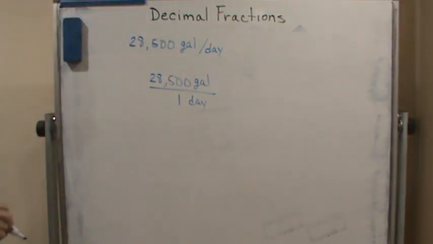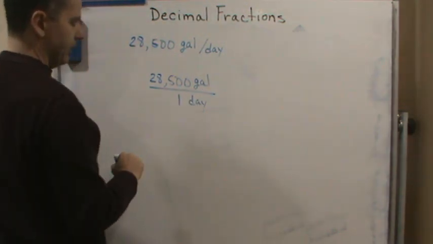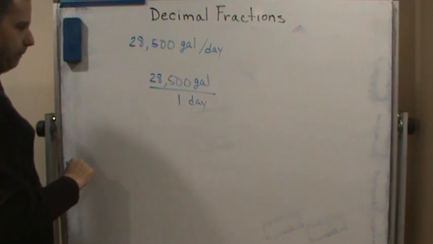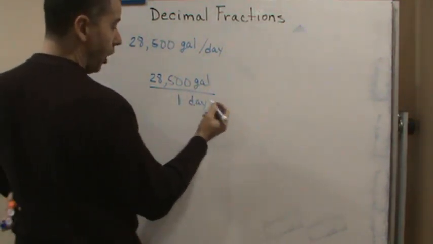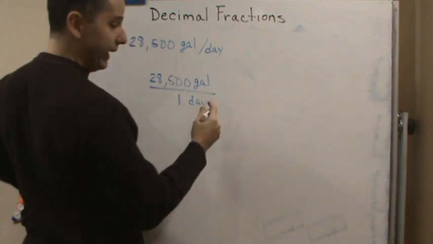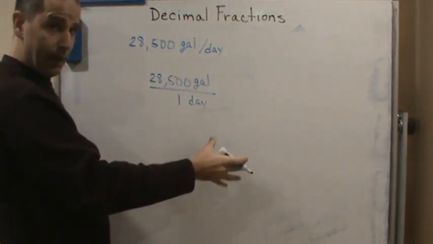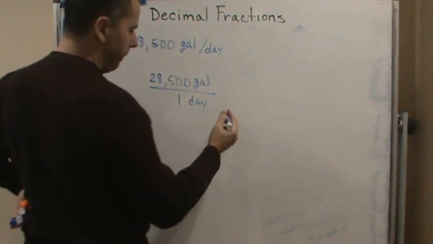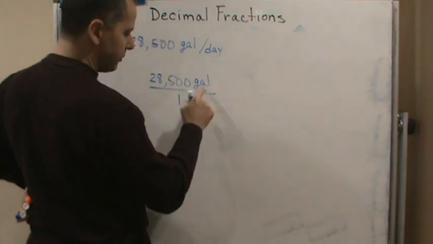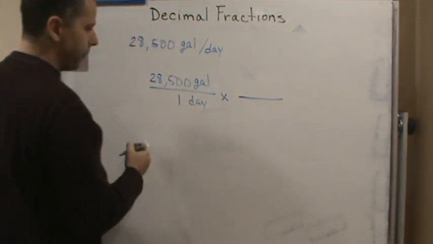Gallons is in the numerator, days is in the denominator. So now we need to go from gallons to millions of gallons. All we need is a fraction that relates gallons to millions of gallons, and we need gallons on the bottom so it cancels. So what fraction is that?